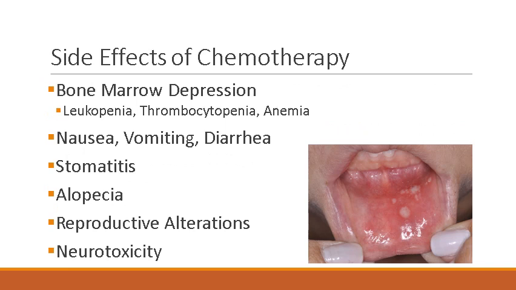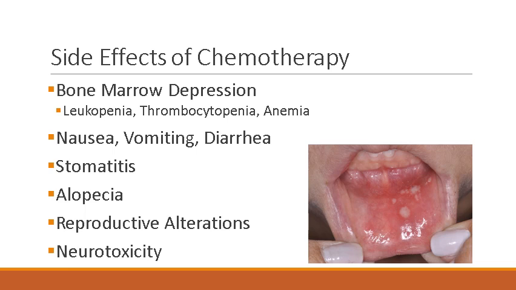Side effects of chemotherapy: bone marrow depression. So these clients can have leukopenia, thrombocytopenia, or anemia. Leukopenia is low white blood cell counts. It can also be called neutropenia. Thrombocytopenia is reduction in platelets or thrombocytes.